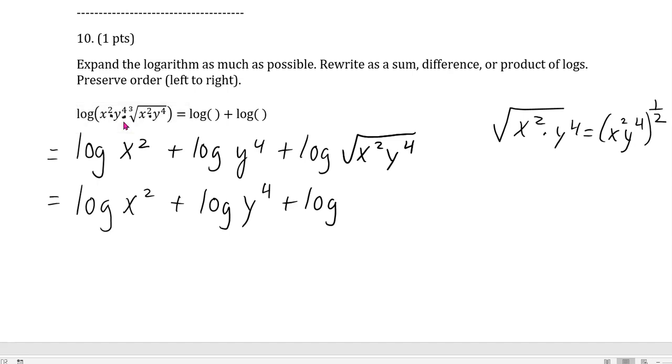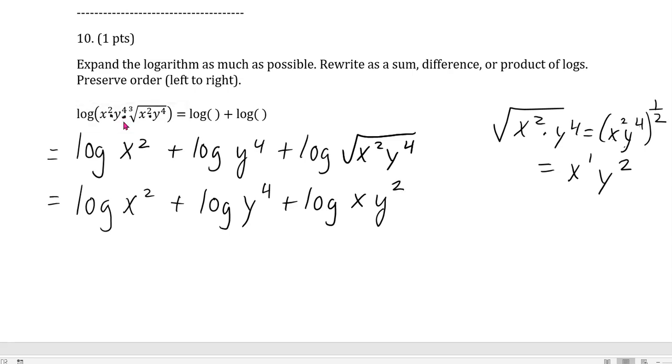This gives us one base, x, with two powers, 2 and 1/2, and another base, y, with two powers of 4 and 1/2. Then we multiply the powers, and that gives us x to the first power and y to the second power. Then we can rewrite this answer part as xy squared.